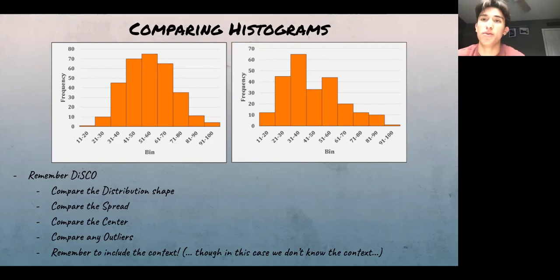The mean and the median for the first graph are going to be relatively in the same spot. While for the second graph, because of the skew, the mean would be pushed to the right, while the median would be in the same spot as graph one, towards the middle.